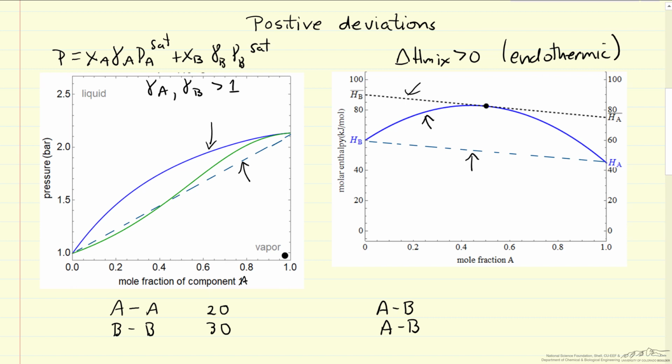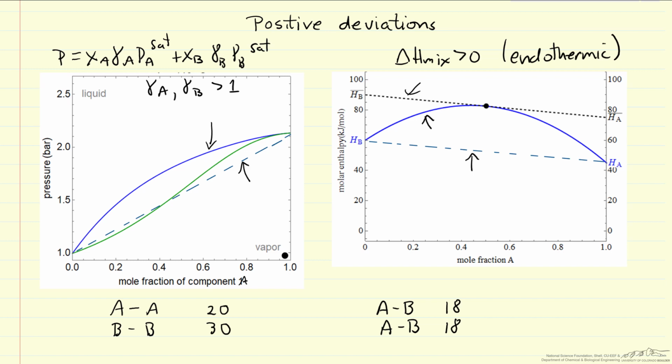For the case we're showing here, this number is going to be smaller than the average. The average is 25. I picked 18, so in this extreme, it's much easier to break those bonds, not chemical bonds, but the bonds holding A and B molecules in the liquid phase, and therefore we have a pressure higher than what's predicted by Raoult's law.